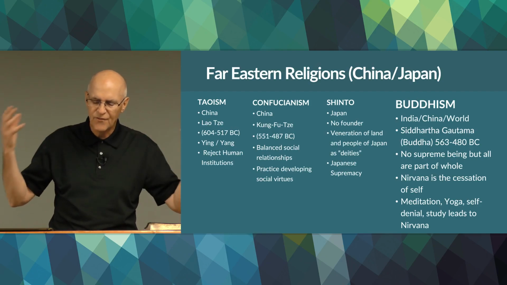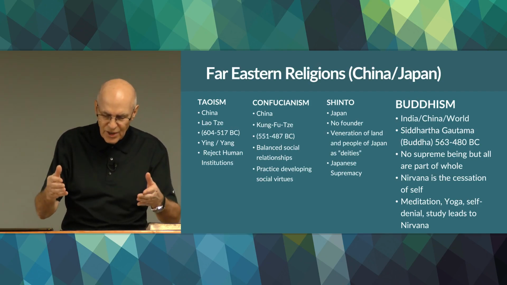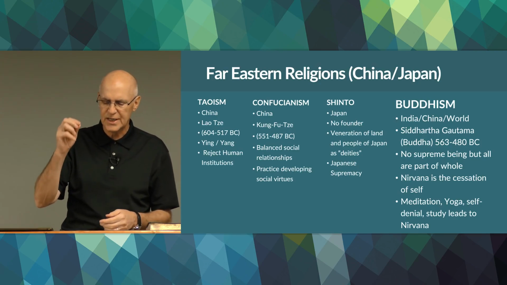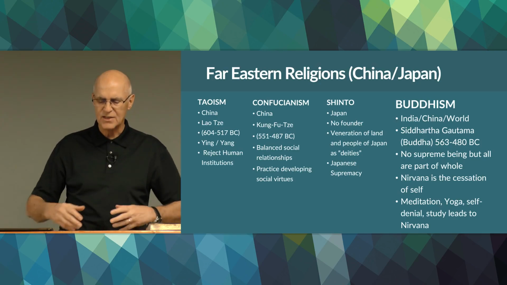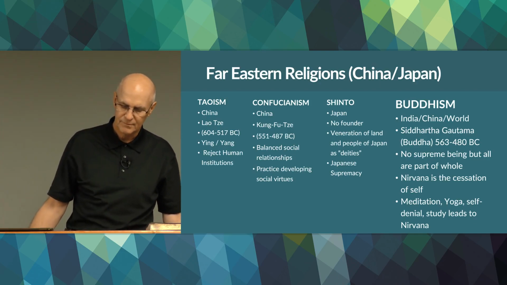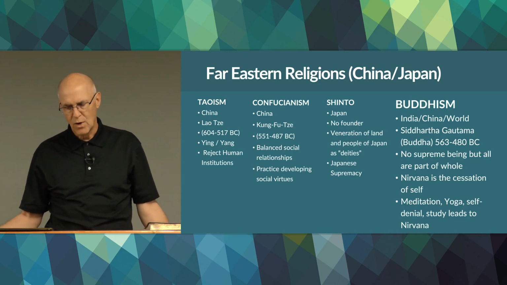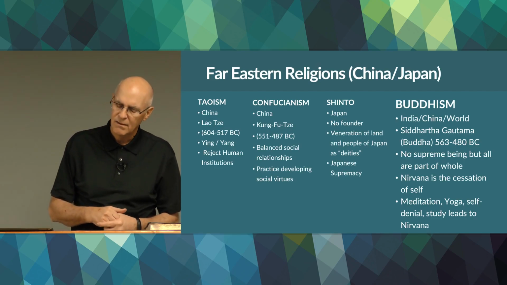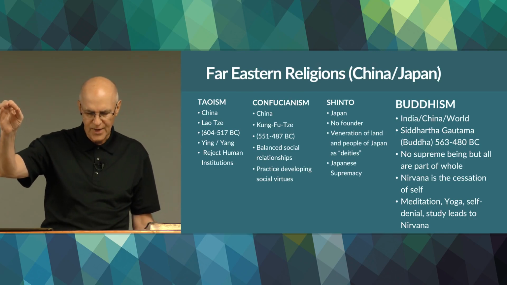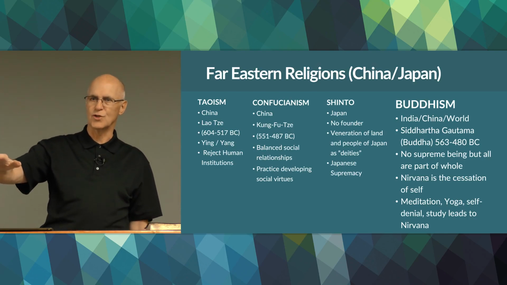The state of nirvana is reached when a person ceases to desire a conscious, independent life and is fully absorbed into the whole. One Buddhist saying is that you are like a drop of water that is absorbed into the ocean.